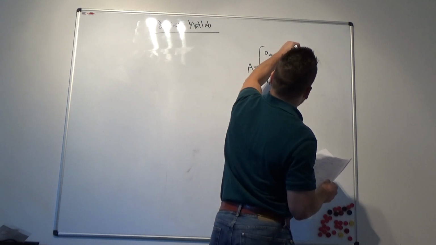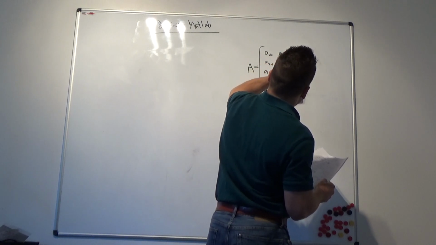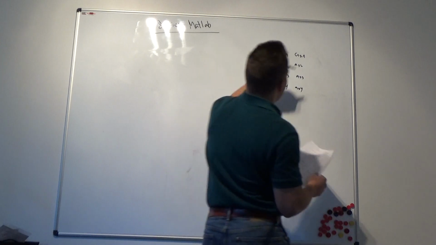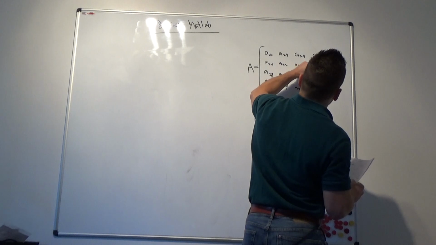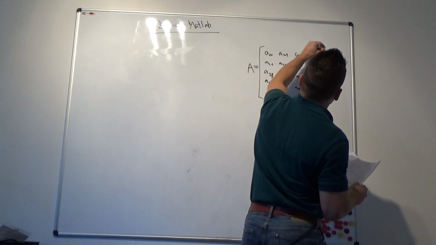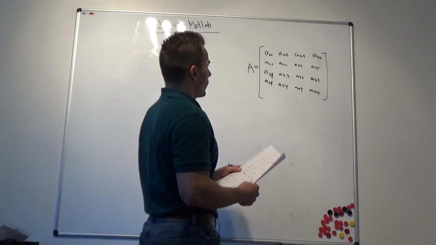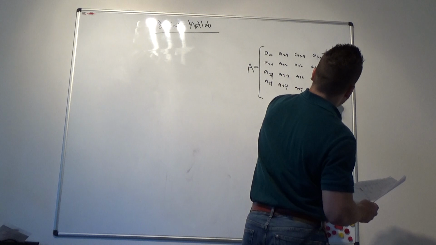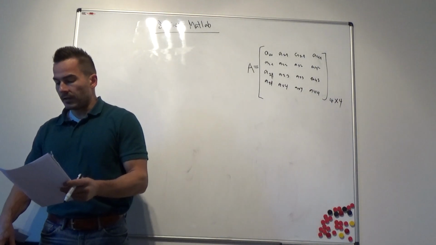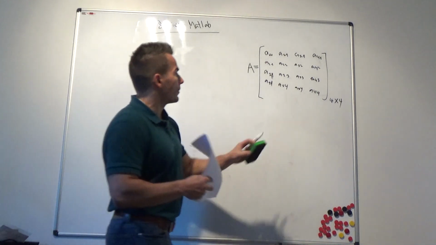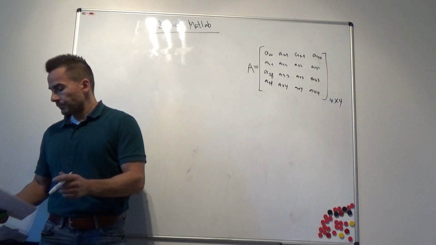Then we have A31, A32, A33, A34, and finally A41, A42, A43, and A44. So what we have here is a very general 4 by 4 matrix, and this matrix obviously has the same column and row rank. It's 4 by 4.